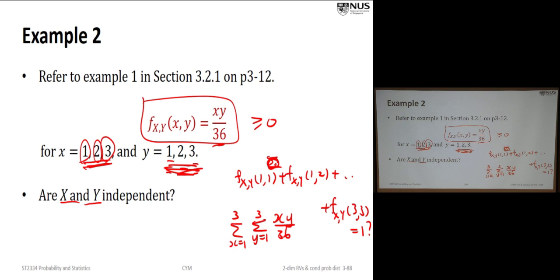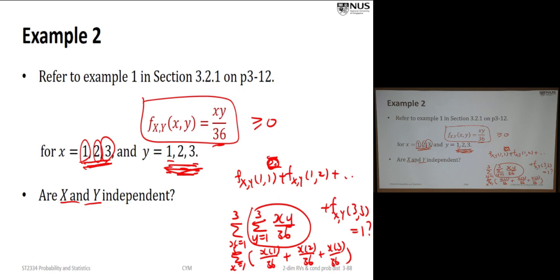Then for x equal to 1, you can write it like this. It simply means that x equal to 1 to 3, and when y equal to 1, it means x times 1 over 36, plus x times 2 over 36, this is when y equal to 2, plus x times 3 over 36. This is what this summation means.